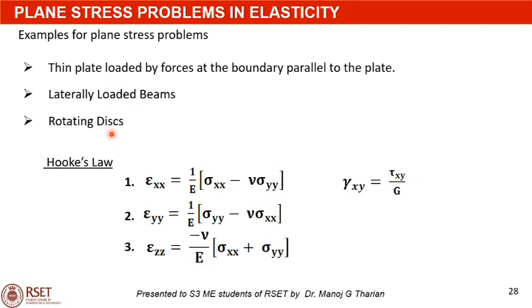Now in the case of plane stress problem, the Hooke's law will get reduced to the form epsilon xx is equal to 1 by E into (sigma xx minus nu into sigma yy). Epsilon yy is equal to 1 by E into (sigma yy minus nu into sigma xx). And epsilon z is equal to minus nu by E into (sigma x plus sigma y). And the shear strain gamma xy is equal to tau xy by G.